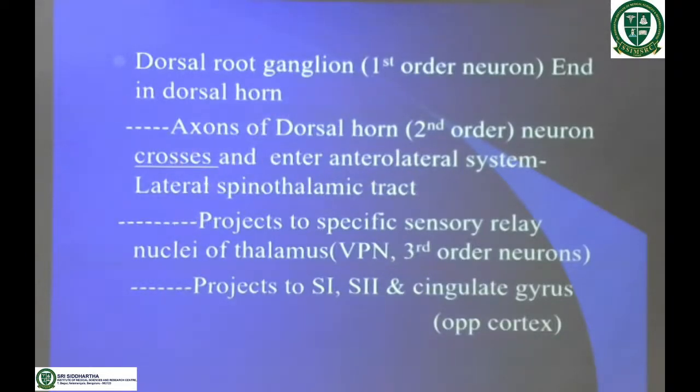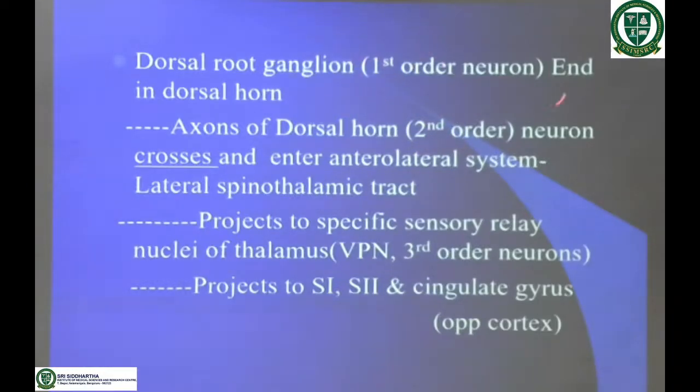Then this tract projects to the specific sensory relay nuclei in the thalamus, the ventro-posterior nucleus, being projected by the pain pathway, that is the third order neuron. Then that projects into sensory area 1 and 2, and along with that the cingulate gyrus in the opposite cortex.